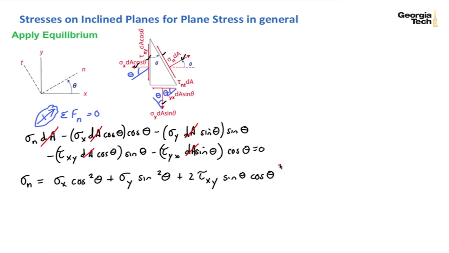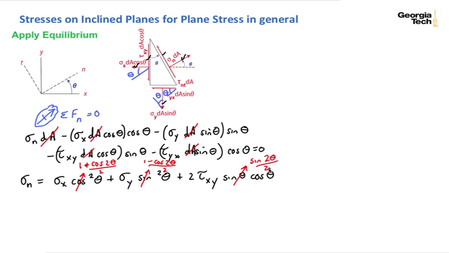And we're going to use some trig identities here. Cosine squared theta is the same as 1 plus cosine 2 theta over 2. Sine squared theta is the same as 1 minus cosine 2 theta over 2. You can find these trig identities online or in any trig book. And finally, sine theta cosine theta is the same as sine of 2 theta over 2.